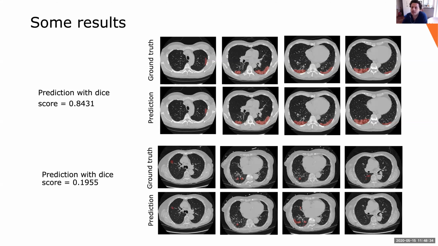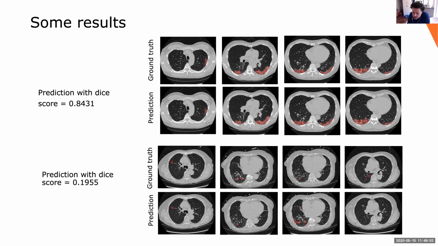Here are some intermediate results on the binary segmentation. So those are two patients where each time I'm showing in one row the ground truth and then the prediction. And the top patient is a patient where we consider the segmentation to be quite good. We get a Dice score of 84%. In this case, that's probably as good as you can get considering the quality of the annotations and the shape of the lesions.